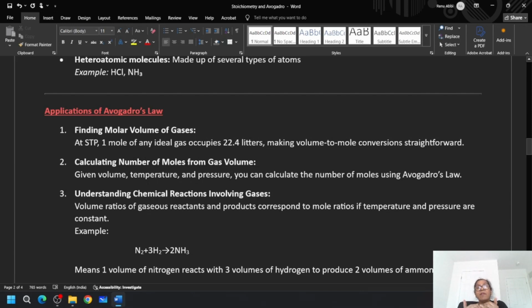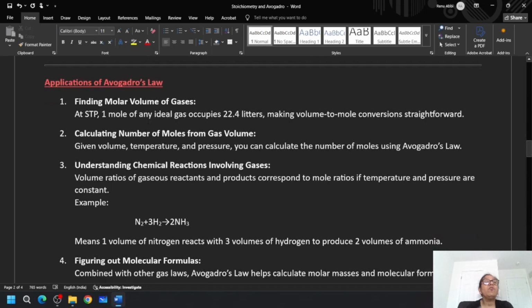All these things we are going to use in the numericals, the applications, that is, the uses of Avogadro's law. Finding the molar volume of gases. Molar volume, I told you already, means 1 mole of an ideal gas occupies 22.4 liters, making volume to mole conversion straightforward.